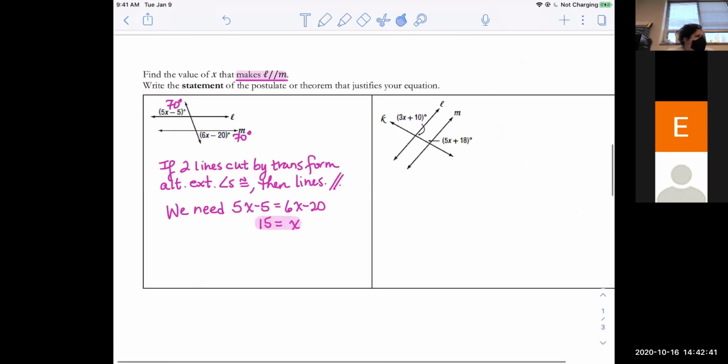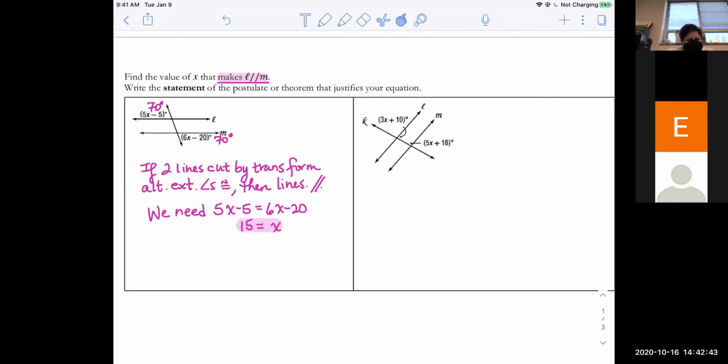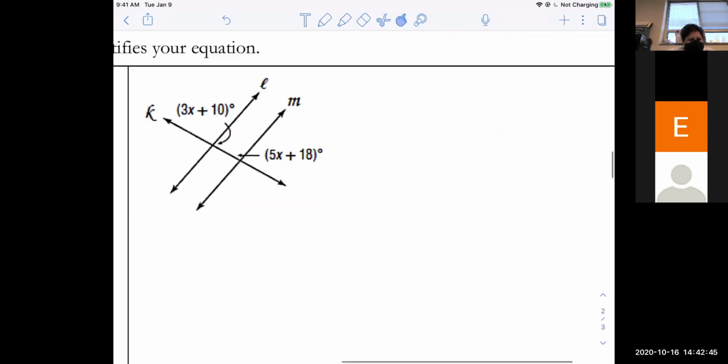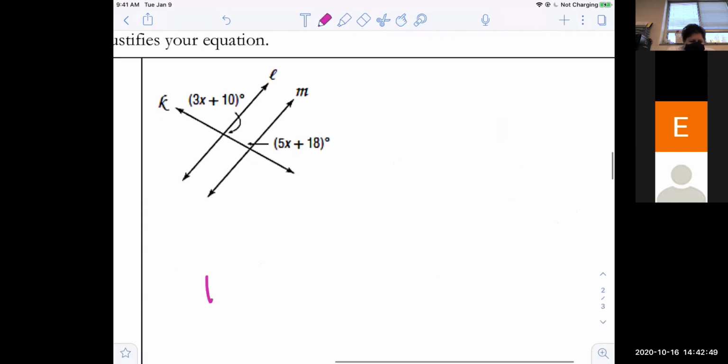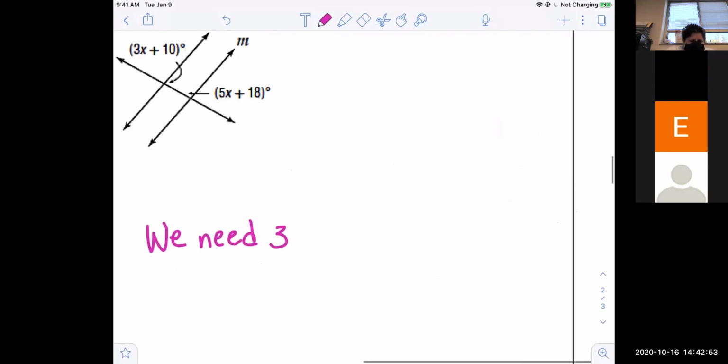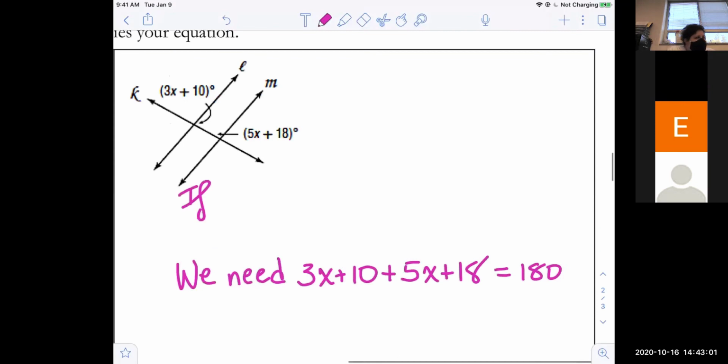All right, last problem. Pete, what do you know? Okay, we need 3x plus 10. Hold on one second. 3x plus 10 and 5x plus 18 added up to equal 180 because, hold on.